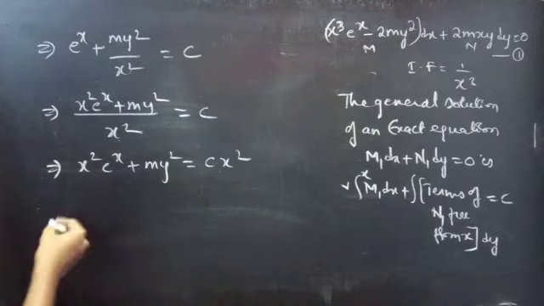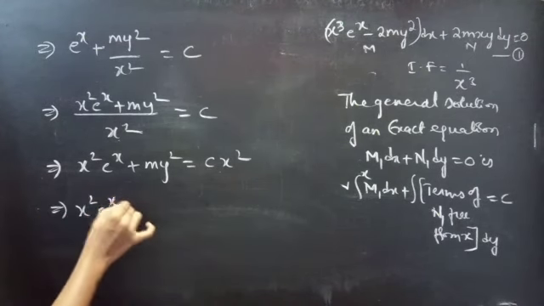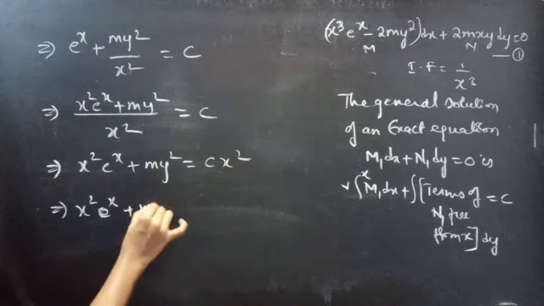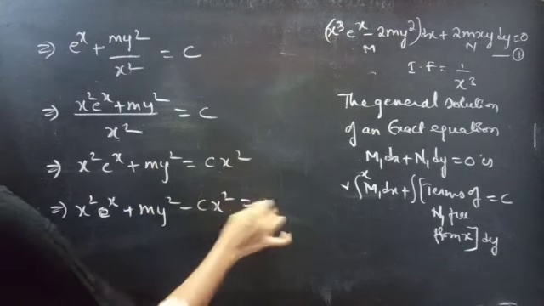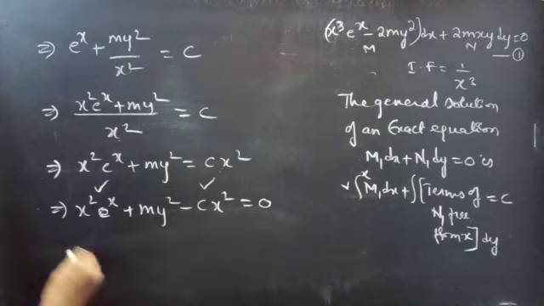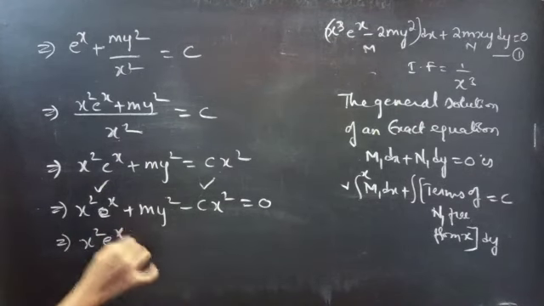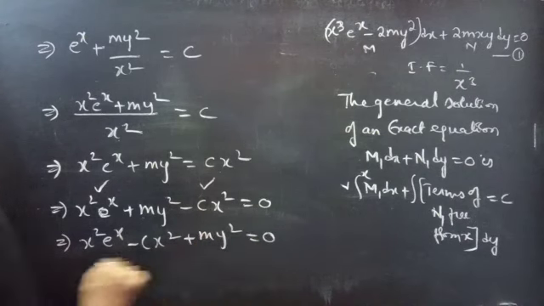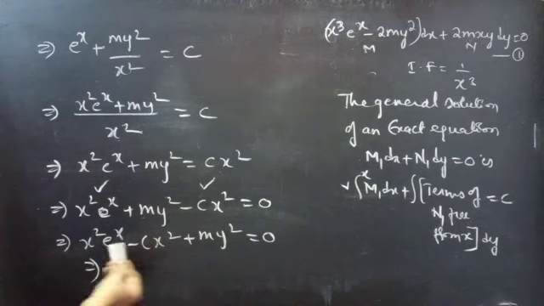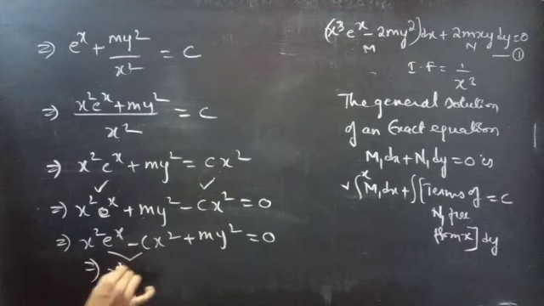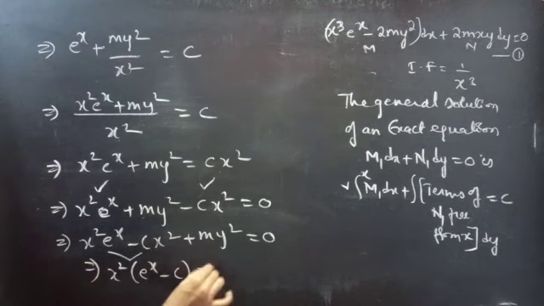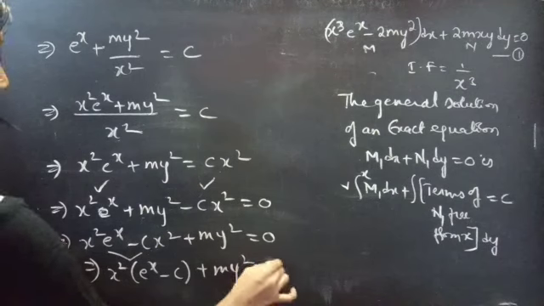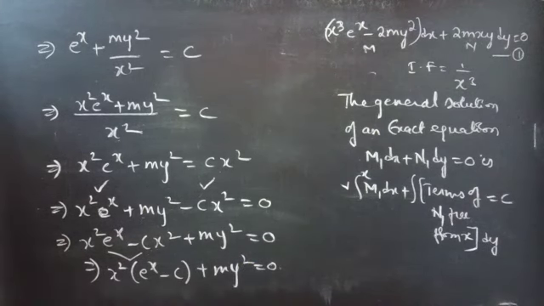Now bring this c x square to the LHS, you'll get x square e power x plus my square minus cx square equals 0. Write the x square terms first and then the remaining term. Now you can notice x square existing in the first two terms. So we'll take x square common from these two terms and we'll get x square times e power x minus c plus my square equals 0, which is the required solution.